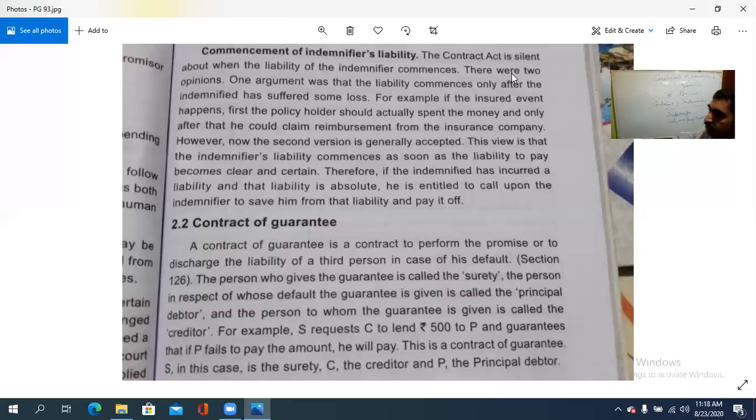Due to the non-performance of the promisor or any other person, the promisee has to bear some loss and it happened, then he is informing the other person, the indemnifier, to make good the loss. അപ്പൊ അതാണ് കുറച്ചുകൂടെ ആപ്ലിക്കബിൾ. എപ്പം indemnifier's liability, how it commences. Clear? അപ്പൊ ഇതാണ് contract of indemnity.